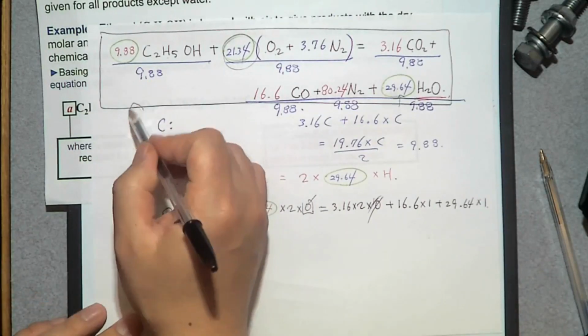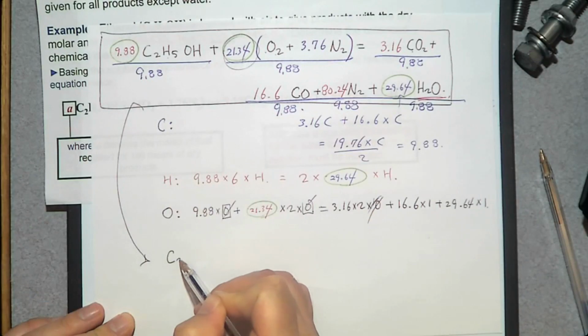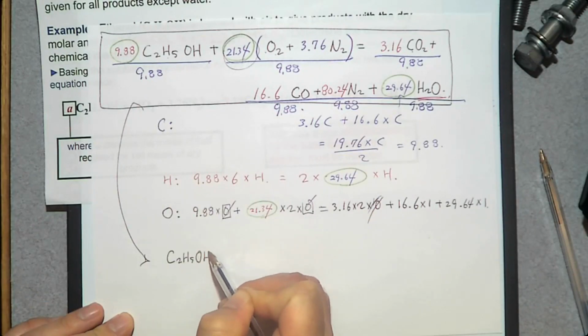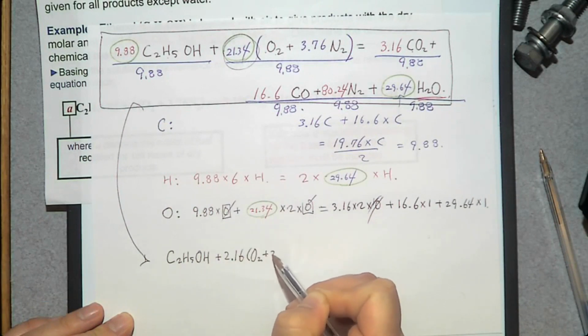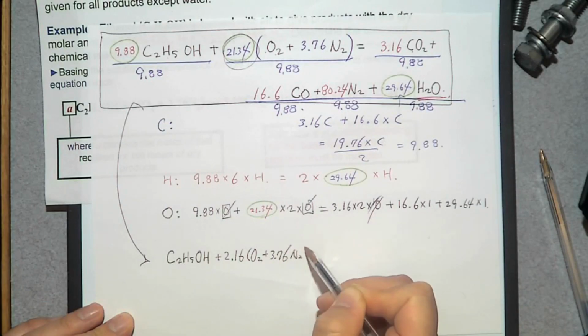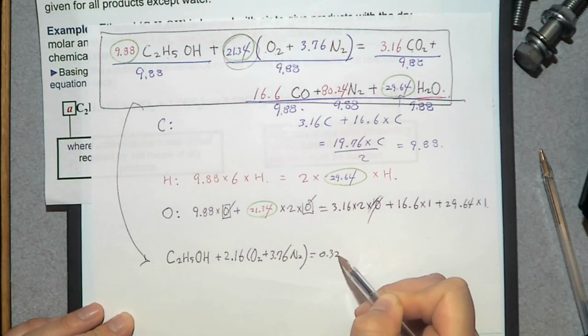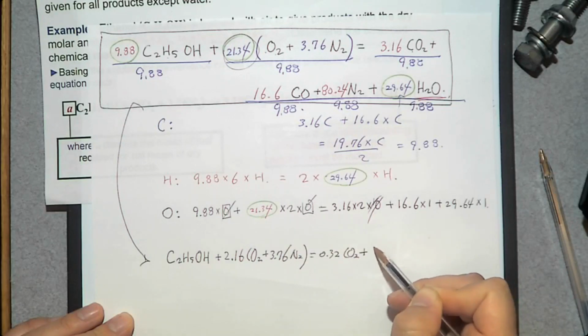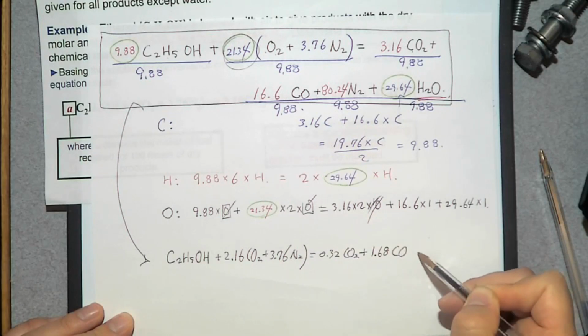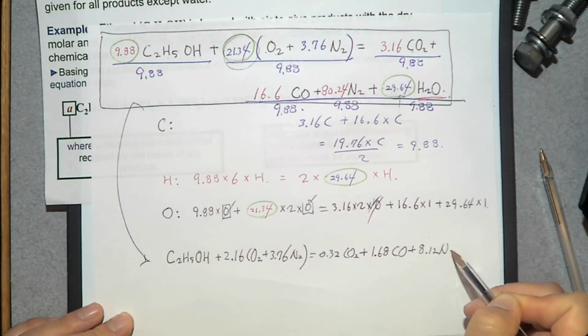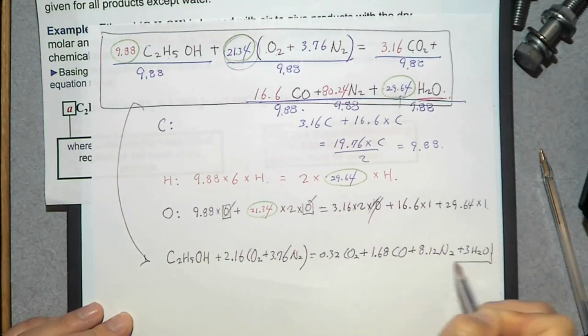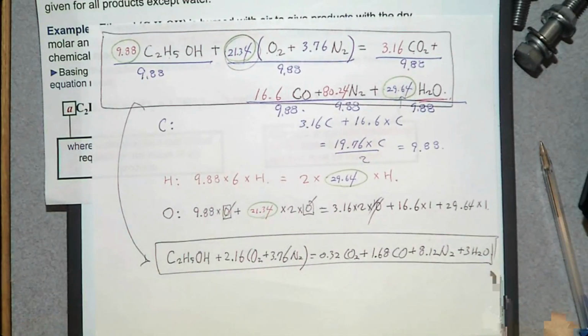So that is C2H5OH plus 2.16 oxygen plus 3.76 nitrogen going to 0.32 carbon dioxide plus 1.68 carbon monoxide plus 8.12 nitrogen plus 3 water. So that's how we determine the balanced reaction equation.